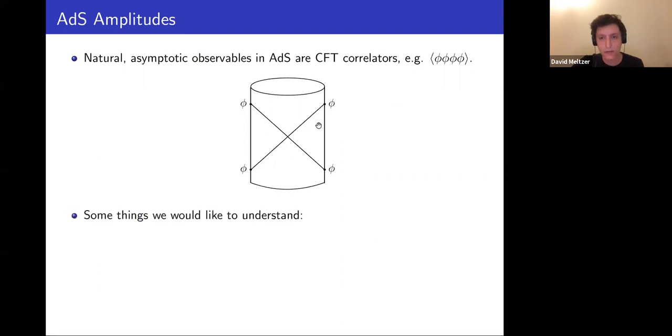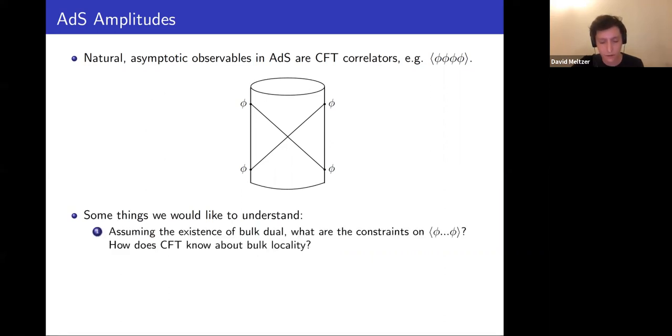So a few things we'd like to understand about these holographic correlators is first, if we assume the existence of a local bulk dual, what constraints can we derive on these correlators? So there's a classic question about how does a CFT know about bulk locality?